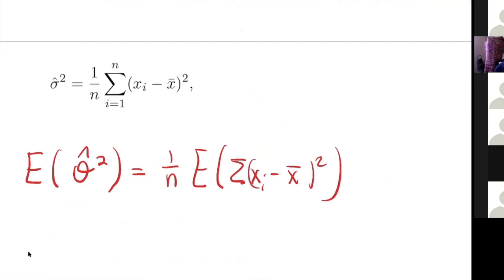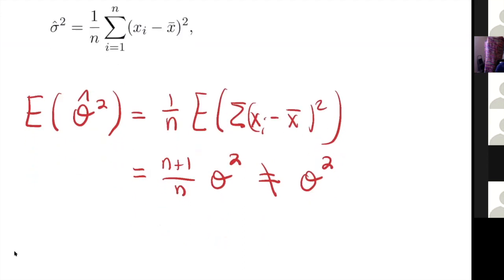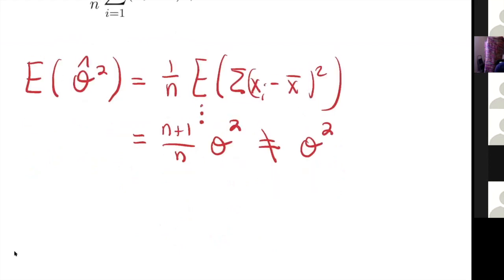So we'd want to calculate the expected value of sigma squared, our estimator for sigma squared. And let me just cut to the chase. What you actually get when you calculate this is something which is not equal to the parameter we were trying to estimate. So again, these details are in the book. It's just some algebra, but I don't think it's the best use of our time here.